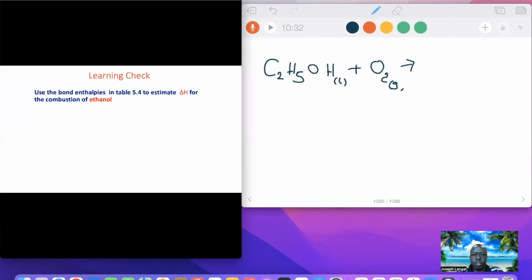So here is the combustion reaction. The question is, what are the possible products? Recall in chapter 3 or chapter 4 the types of reactions. This is a combustion reaction, and it produces CO2 plus liquid H2O.